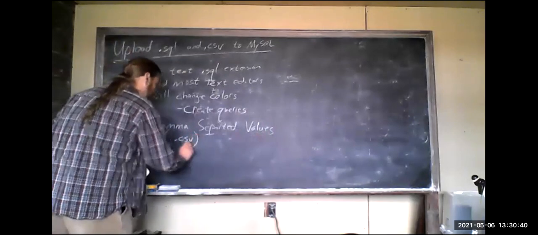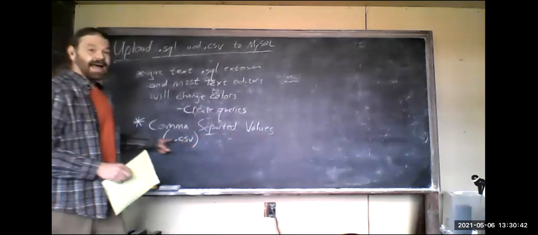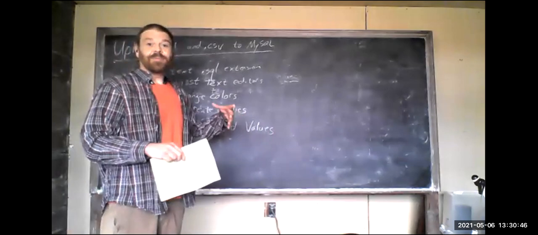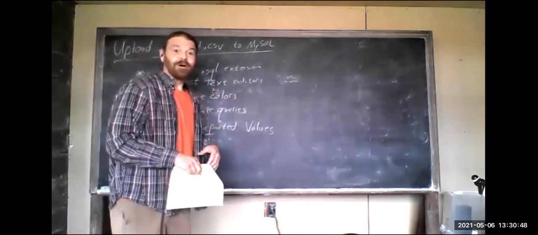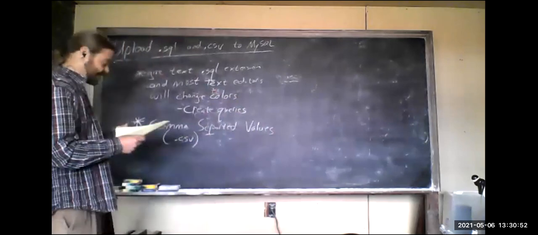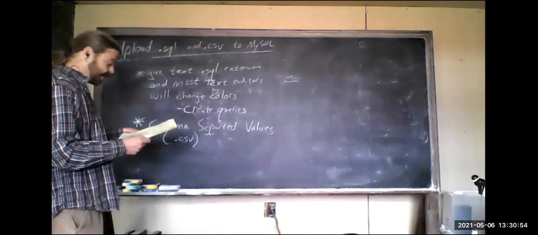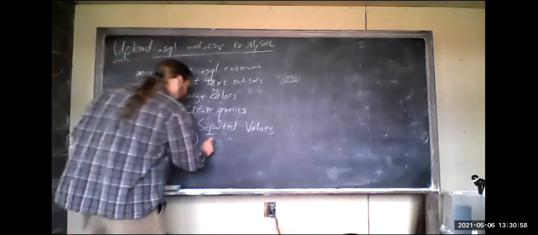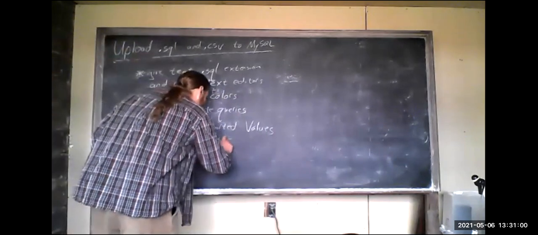It's a .csv file. And after we put the first one together in a few minutes, when you see what the default software for opening the CSV file is, it'll hopefully make a whole lot more sense what it is. So it's comma separated values, and essentially it is a text file of data.